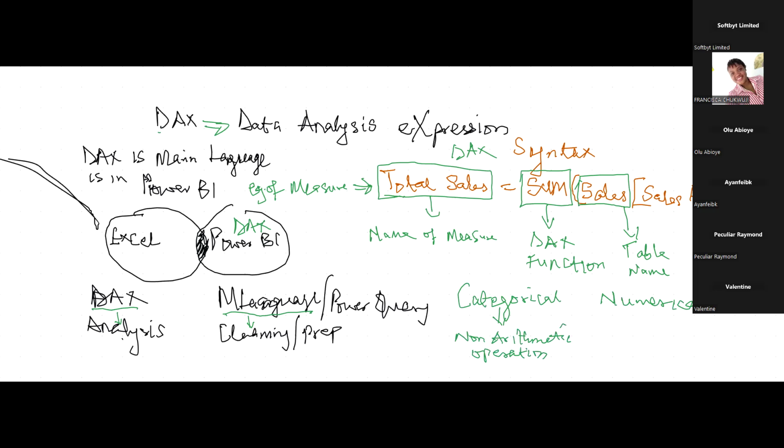They are the text columns, and also dates. And some part of the dates, it could be wrong here, some part of the date you can also do operations on. You can subtract dates, but you have to use a time intelligence calculation. So numerical columns are the ones where you have to perform arithmetic operations.